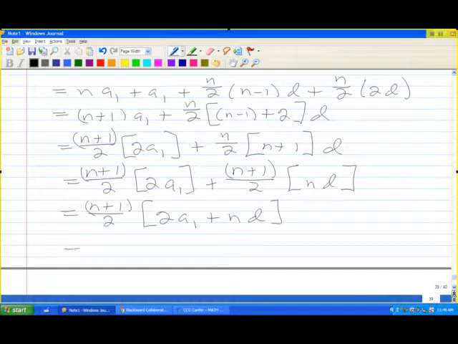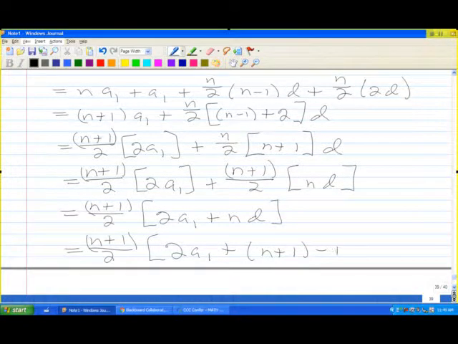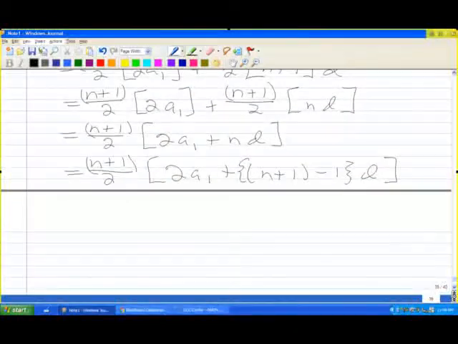Now let me rewrite this finally as 2a1 plus. Let me rewrite n as n plus 1 minus 1. So I've just added and subtracted 1, so I've done nothing. But that's what we want to show.